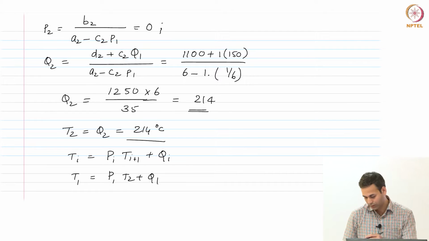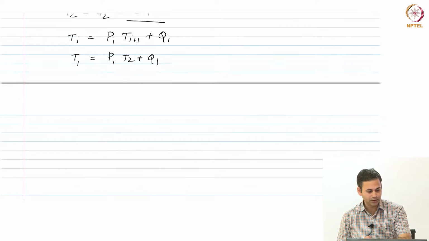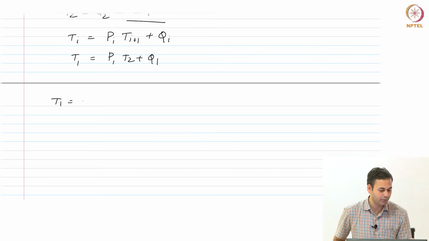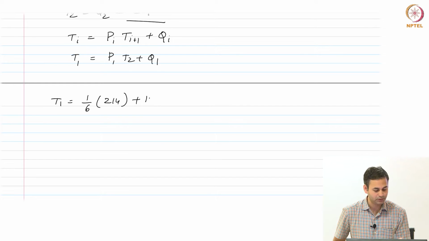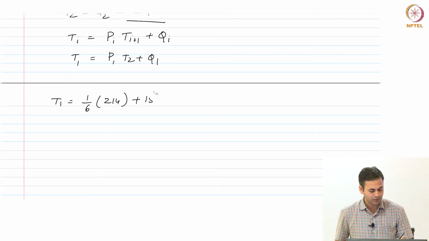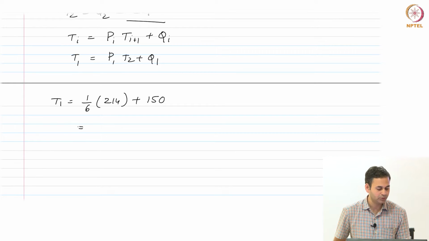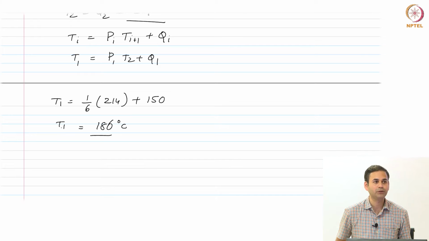So, P1 we got as 1/6 and T2 is 214, plus Q1 was 150. Is 150 correct? Yes, 150 is correct. So, how much would this be? 186 or something, this is 186 degrees Celsius. This is by guessing the values of T3 star and T4 star as 100.